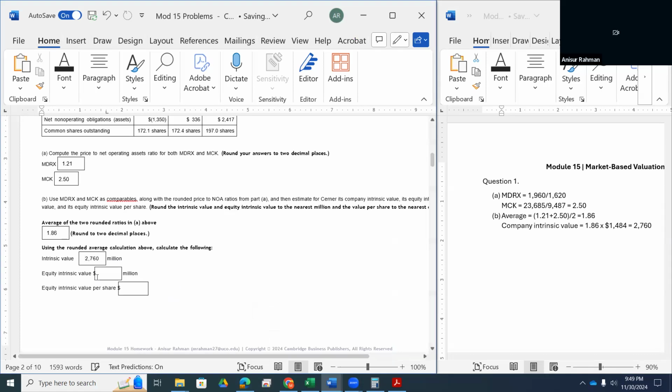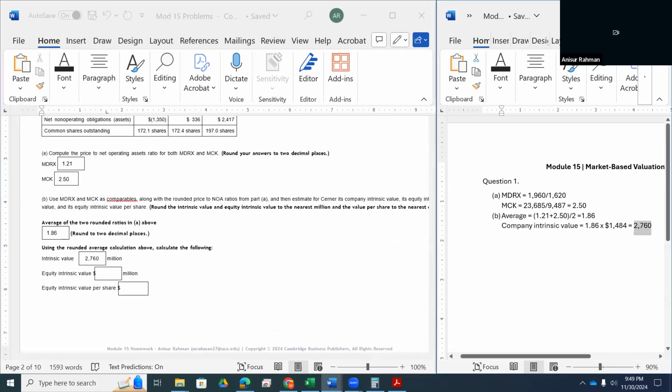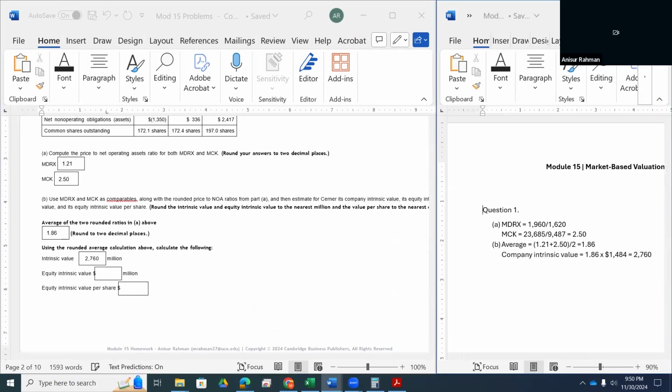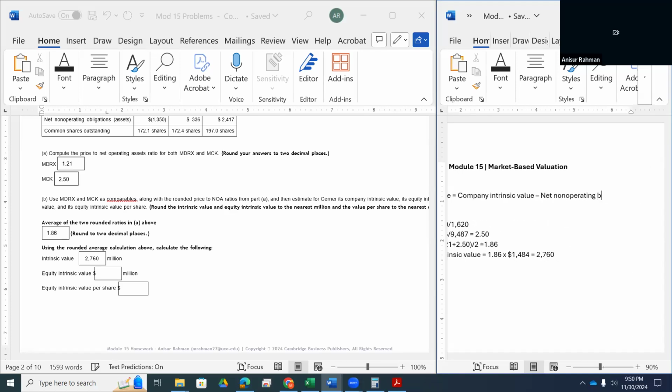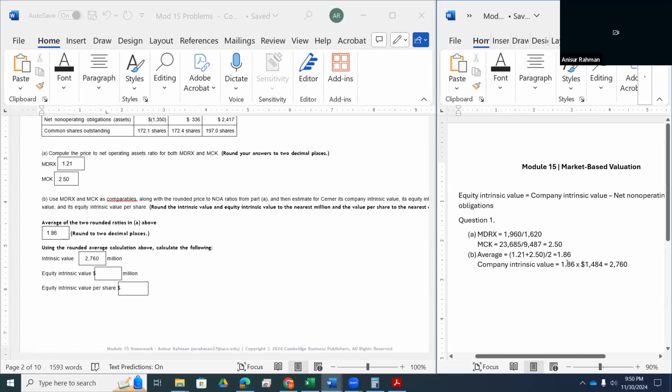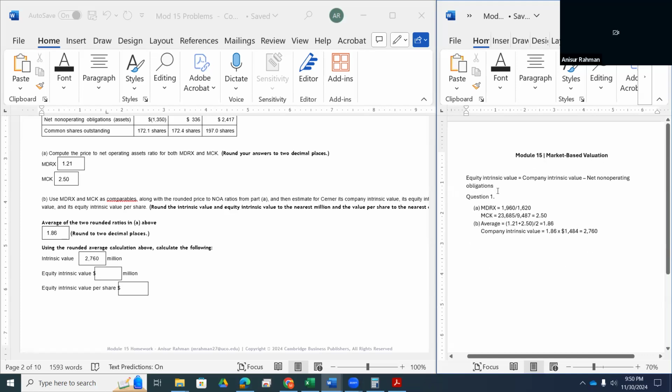Okay. Now equity intrinsic value. So we need to remember this. I'll write this down here. Your equity intrinsic value is equal to your company intrinsic value less net non-operating obligations.